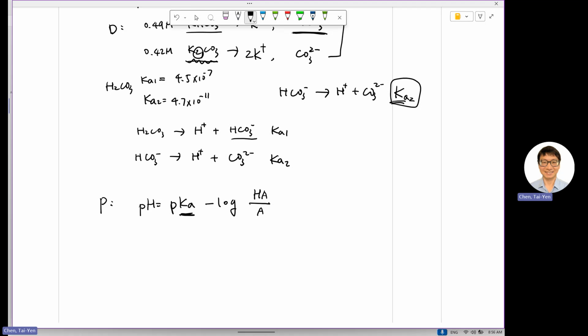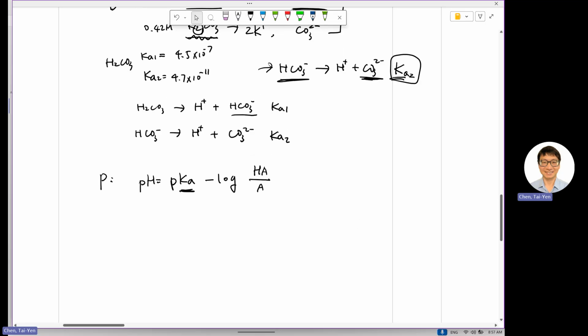So what you need to decide is which K you want to use. The K you need to use is the K that ties your conjugate acid and base together inside a single equation. So it's the second equation that can tie these two species together. Therefore, the Ka you should use in this case will be Ka2, not Ka1.